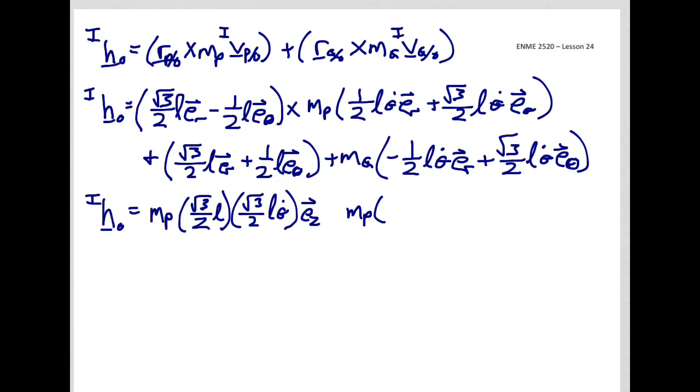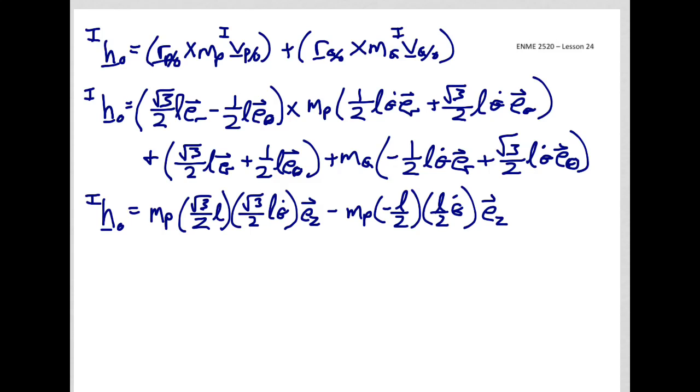So it's a negative L over 2 is the scalar on the theta term, and then L over 2 theta dot is the scalar in the ER term. And so this is E theta crossed with ER, which gives us negative EZ direction.